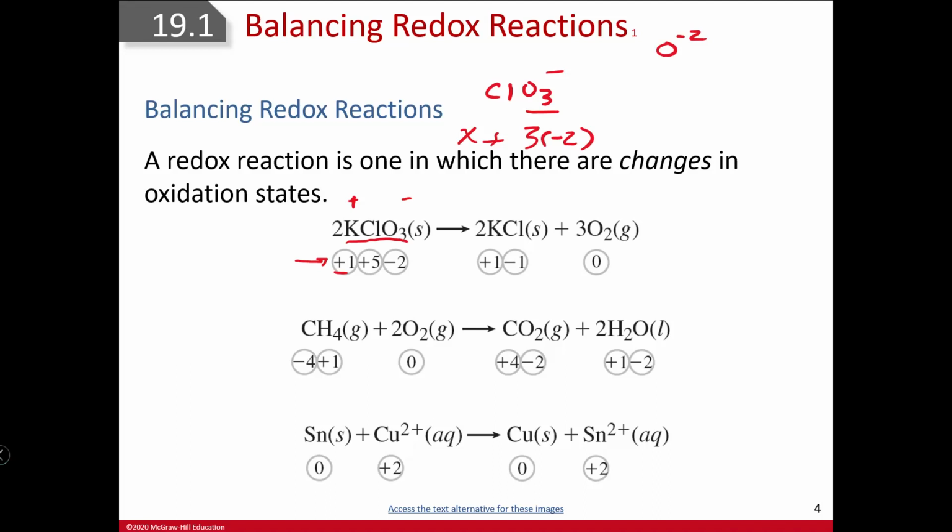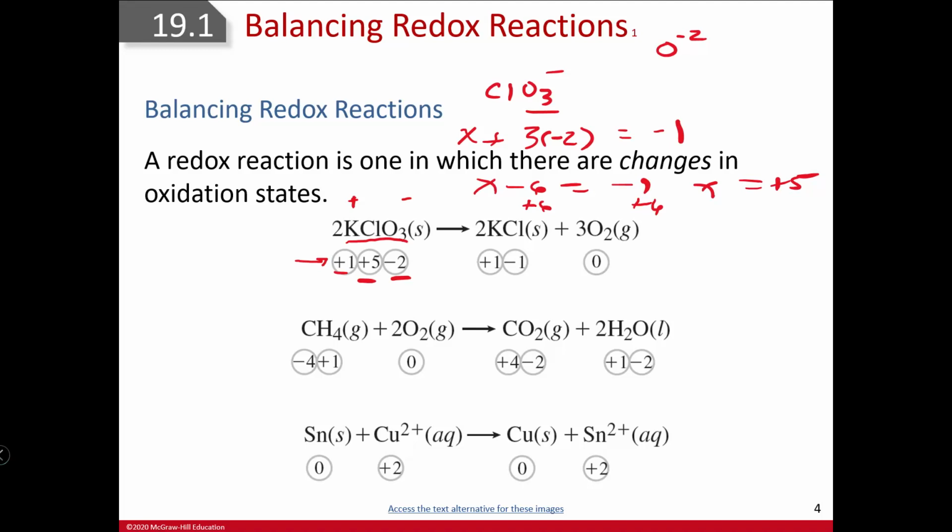So we're going to put an X in for chlorine, and here's what we know. When we add up these oxidation numbers or states, it has to equal the charge on the ion, which is -1. So if we solve for this, we get X minus 6 equals -1, and then we add 6 to both sides to solve for X, and we get X equals +5. So that's how we come up with that number. And again, there's a rule for oxygen.